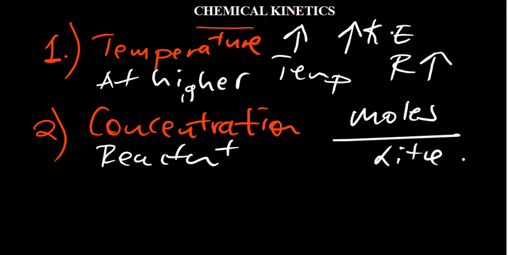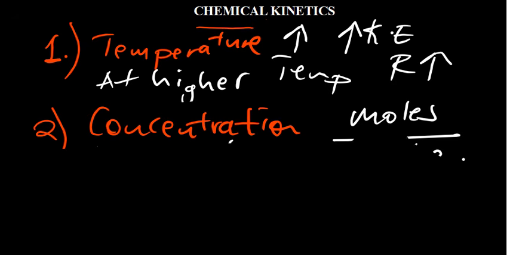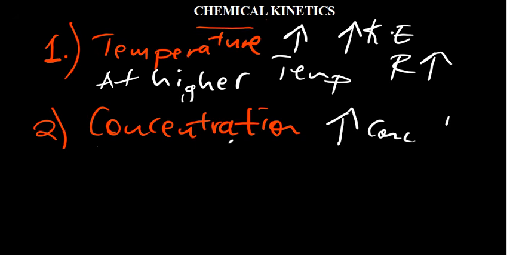The greater the concentration of the reactants, the greater the number of collisions that are going to occur. Whenever the concentration of the reactants is greater, we expect that the reaction is going to be faster. The probability of the particles colliding is increased when the concentration is higher. In summary, the greater the concentration, the greater the rate constant.